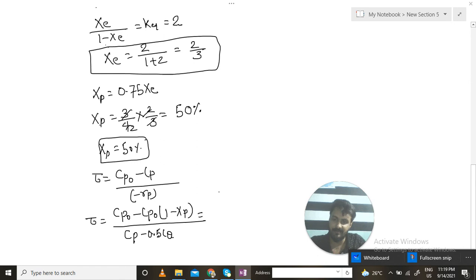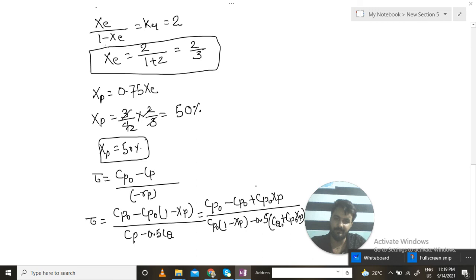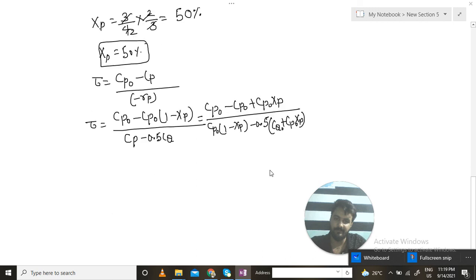So if you want to proceed further, you can write Cp naught minus Cp naught plus Cp naught Xp upon, here again you can write Cp naught into 1 minus Xp minus 0.5 Cq naught plus Cp naught Xp. Okay, so here you can write it in this way.